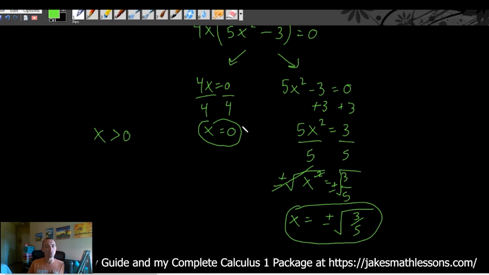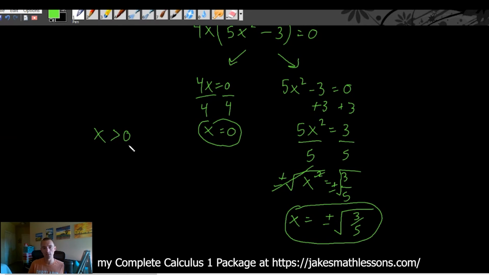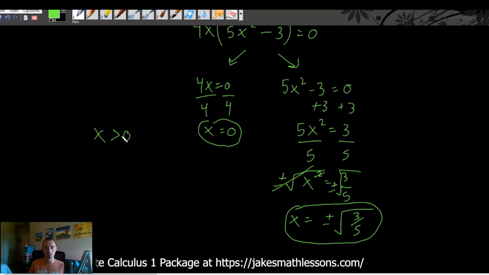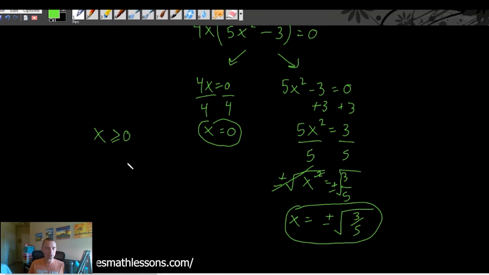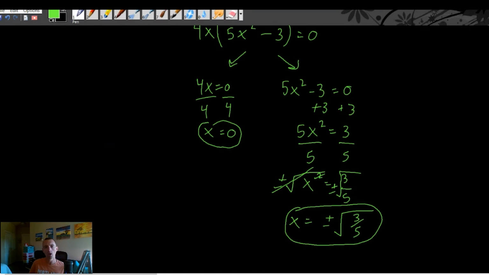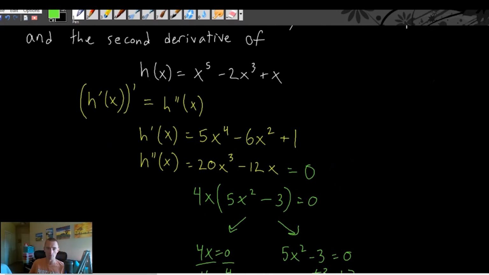You wouldn't actually want to use that as an inflection point, because our function is only defined for x greater than or equal to 0. It's not going to be an inflection point because we can't switch from concave up to concave down at x equals 0 if our function doesn't even exist for x less than 0. That's the idea there. The domain stuff doesn't really come up in this example, but just to give you a tip for other problems you're going to run into, you want to be careful of that.